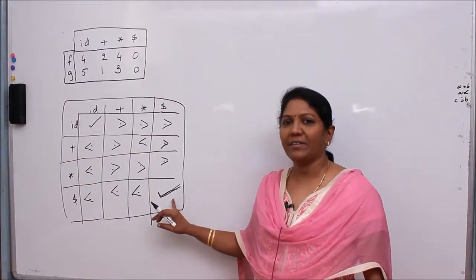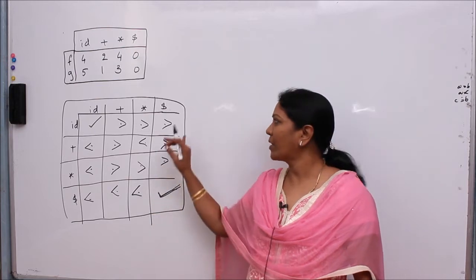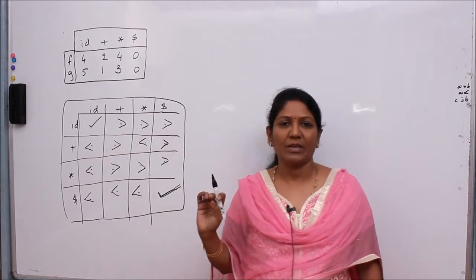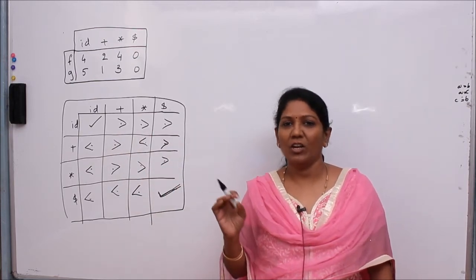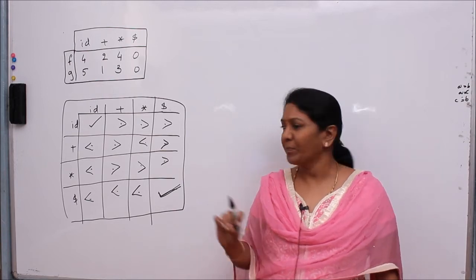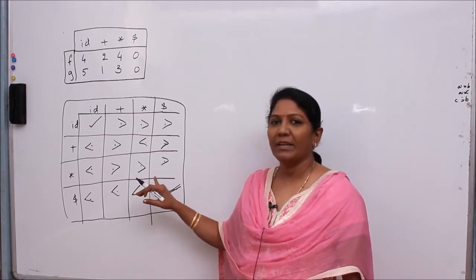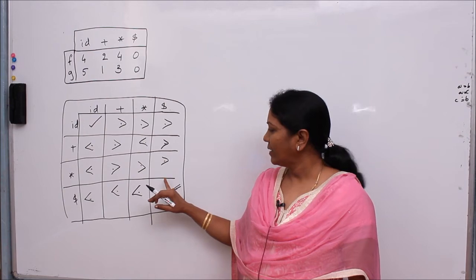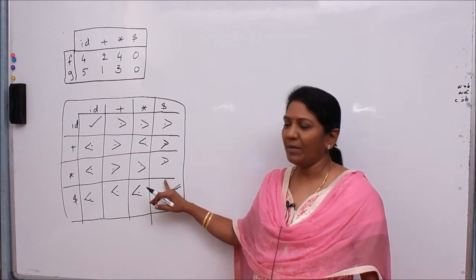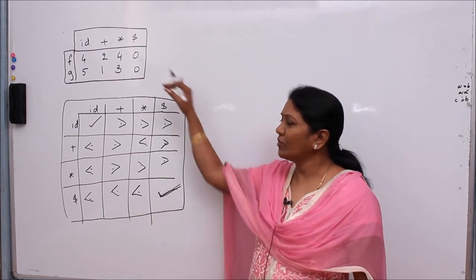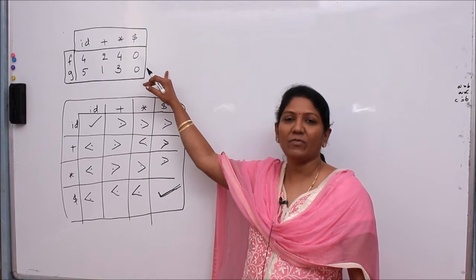The precedence relation table becomes large if the number of operators becomes more, which requires a lot of space. That's why instead of storing this n by n table as a precedence relation table, it is reduced to another table called the precedence function table.